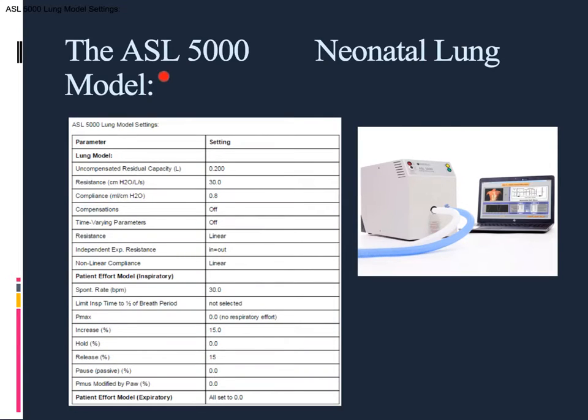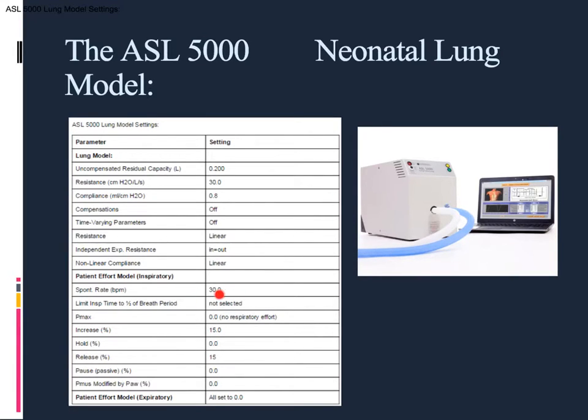So with the ASL5000, you create the conditions for the neonatal patient, and I've got just a little table here that shows some of the basic settings that I use. So you can see I've got my compliance here set at 0.8 mL per centimeter of water pressure. I've got a linear resistance that I had controlled.